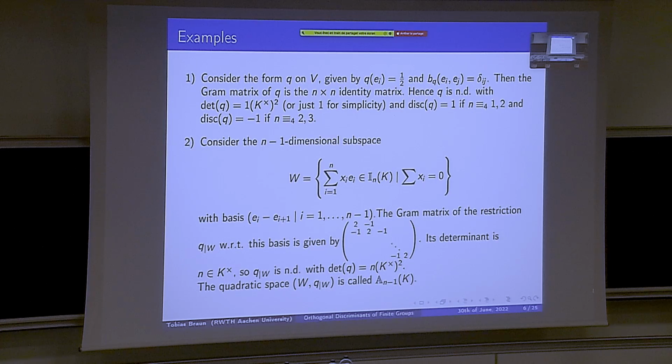Just apply the standard inner product to these, and you will see this is the Gram matrix. You can show by induction that this will always have the determinant n. And we are working in characteristic 0, so this is invertible, and we also get a non-degenerate form. For later, we will call this quadratic space A_{n-1} over K.